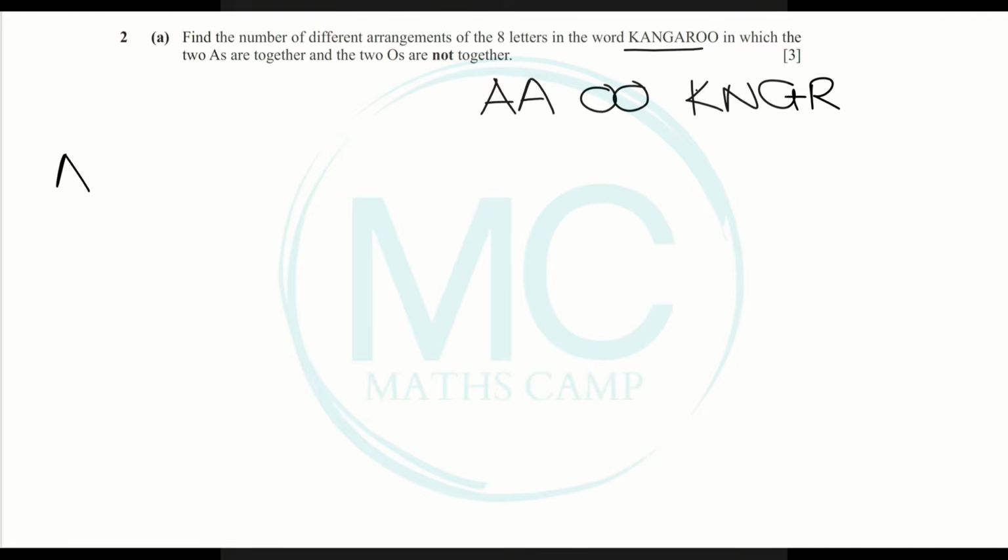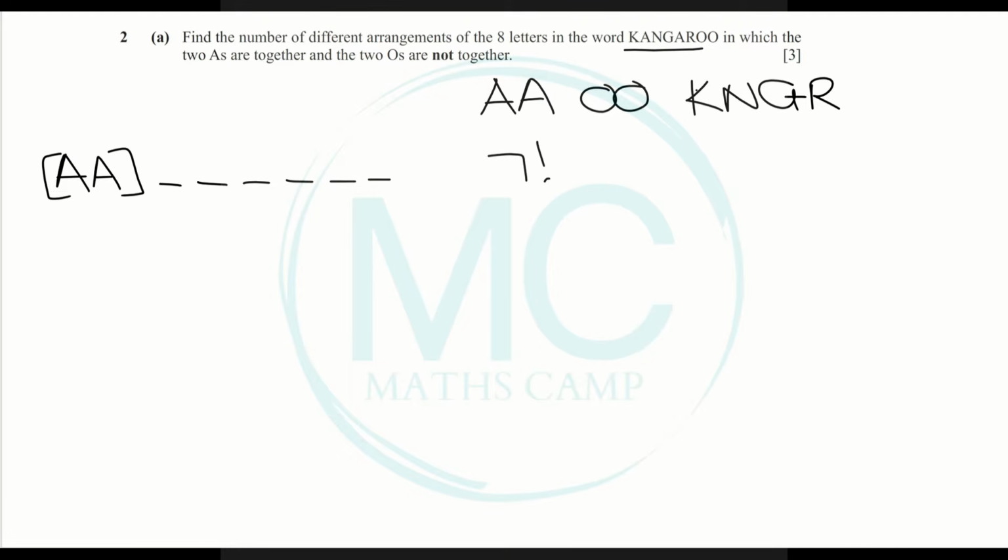So I can say A and A. Let's put that into a bracket. I still have 6 letters. 1, 2, 3, 4, 5, 6. I count the bracket as one element, which means now I have 7 letters. I can say 7 factorial.